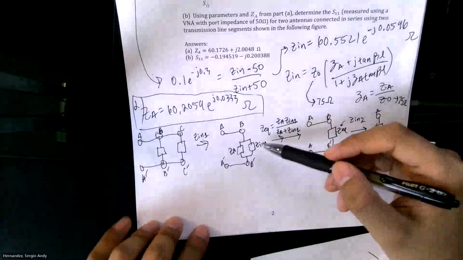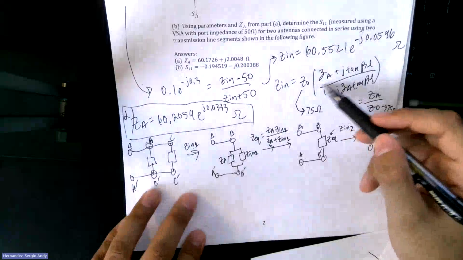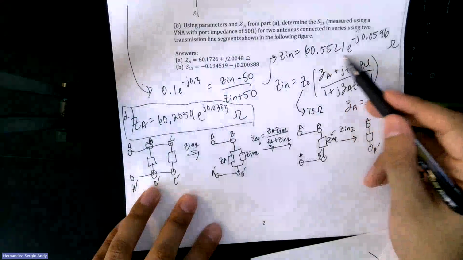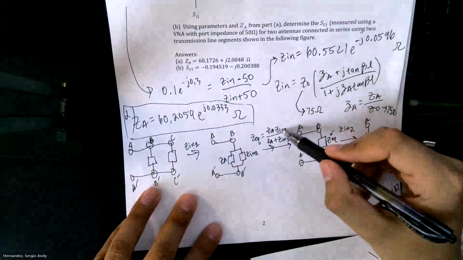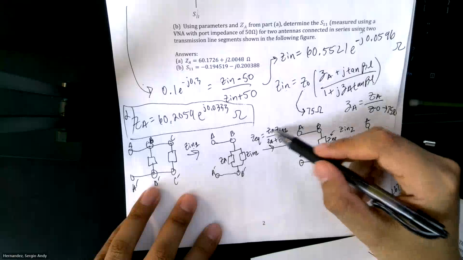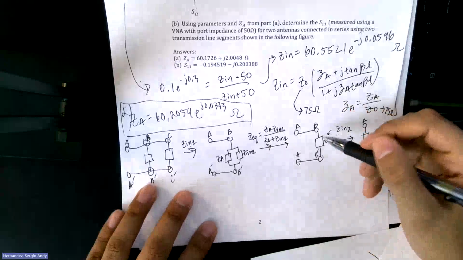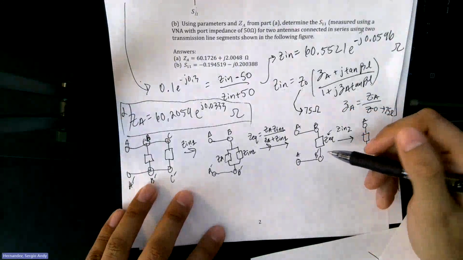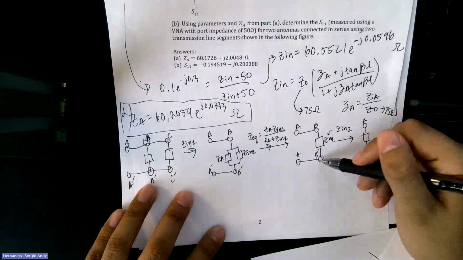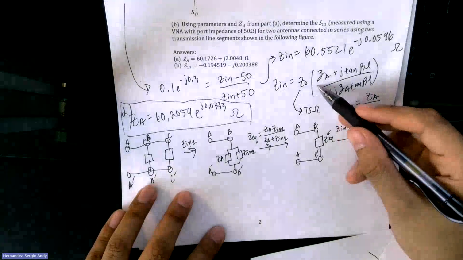You'd plug in this number with your ZA, get your ZEQ, and then plug it into this formula again.